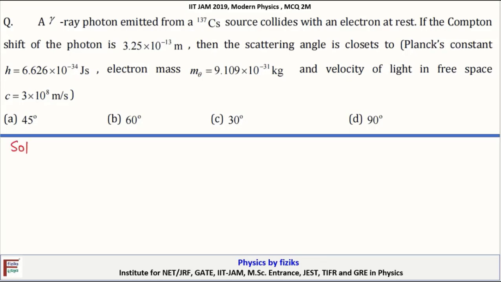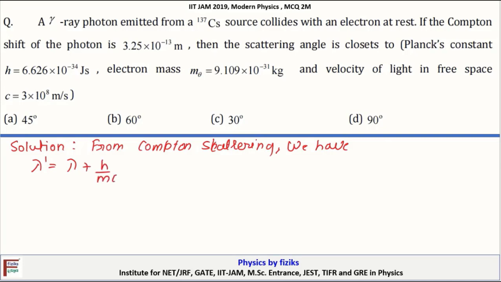So from Compton scattering, we have lambda dash equals lambda plus h by mc times (1 minus cos theta). Delta lambda equals lambda dash minus lambda equals h by mc times (1 minus cos theta).